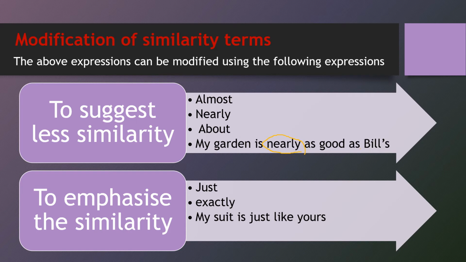In the other case, when you want to emphasize the similarity, you are using the two words "just" and "exactly". So our first sentence, my garden is nearly as good as Bill's, let's use the word "just".